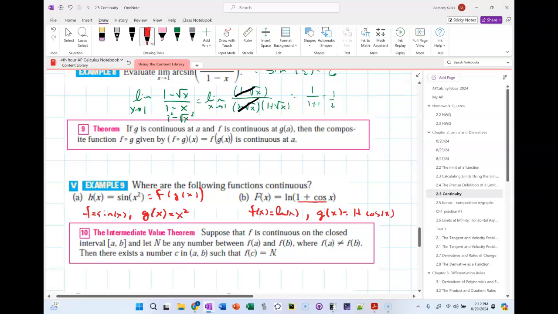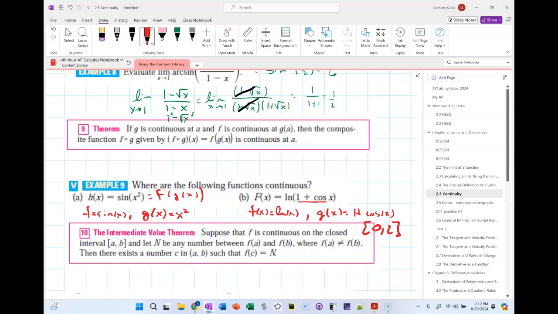So now we have to look at the range for 1 plus cosine x. What is the range for 1 plus cosine x? 0 to 2. That's excellent. Does everyone see how we got 0 to 2? What's the range for cosine? Negative 1 to 1. If we add 1, it's going to go from 0 to 2.